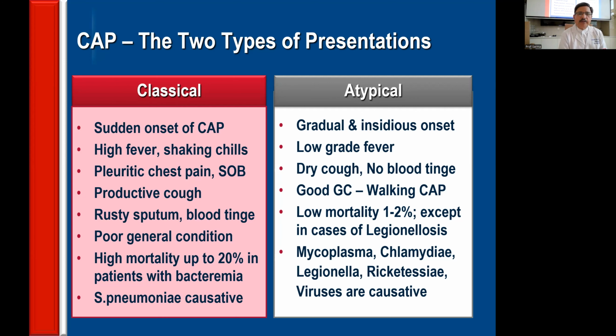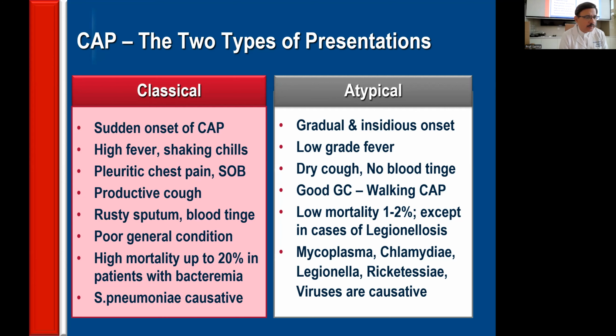So the etiology differs between classical and atypical. Atypical: gradual onset, insidious, low-grade fever, dry cough, no sputum, no blood tinting, good general condition, walking CAP, 1 to 2% mortality, Mycoplasma, Chlamydia, Legionella, Rickettsia, viruses are the causative agents.